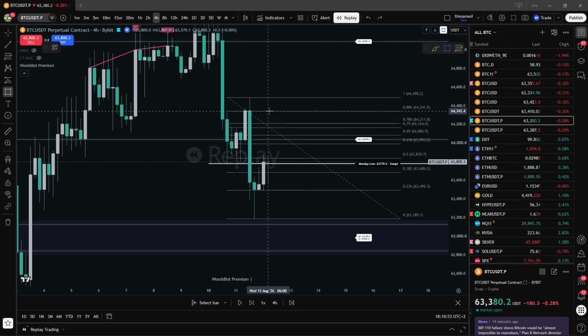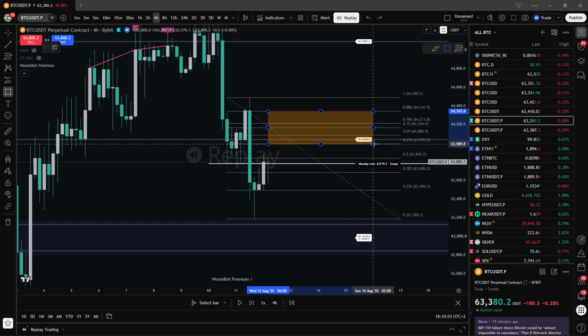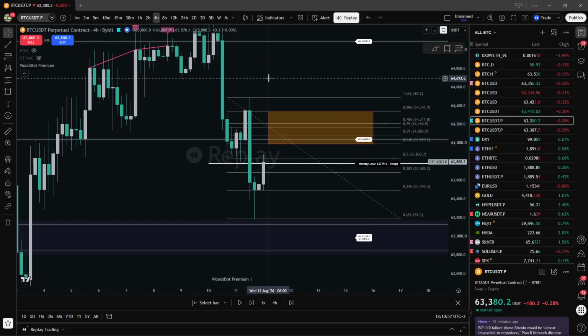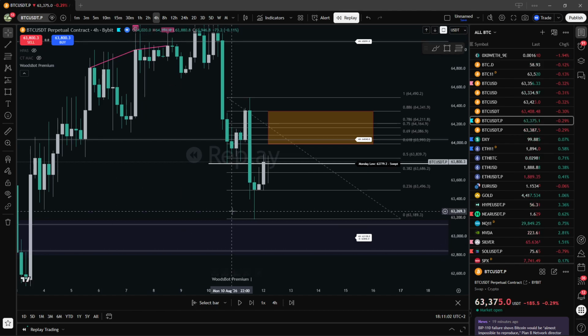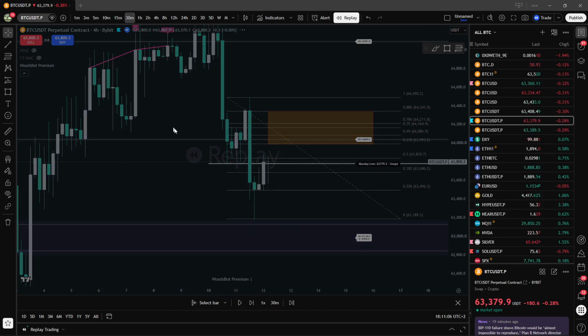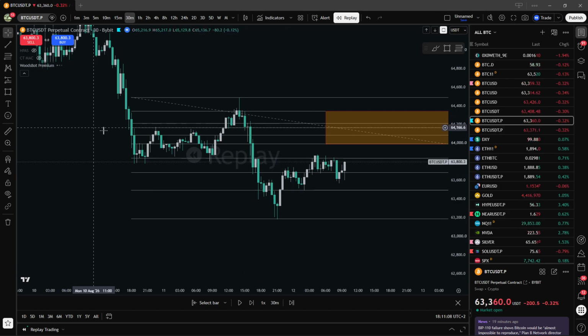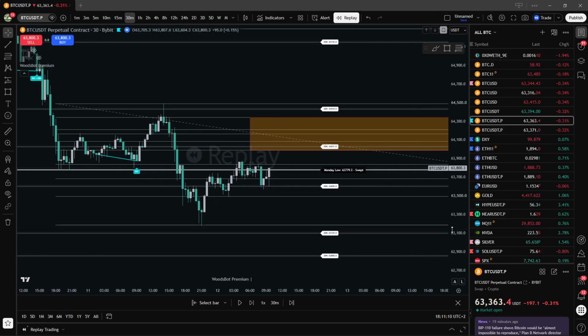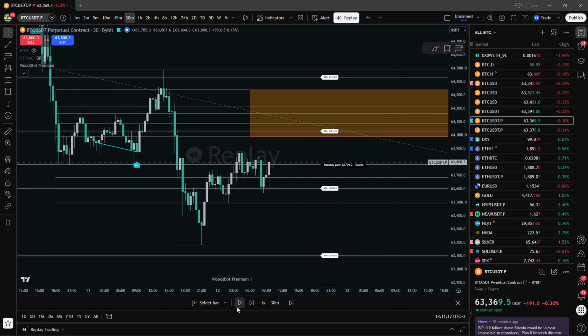These are the Fib levels that I was interested in shorting. And then I just waited, right? I waited for price action to get into my zone, and I looked at lower time frame confirmation and lower time frame bearish divergence.